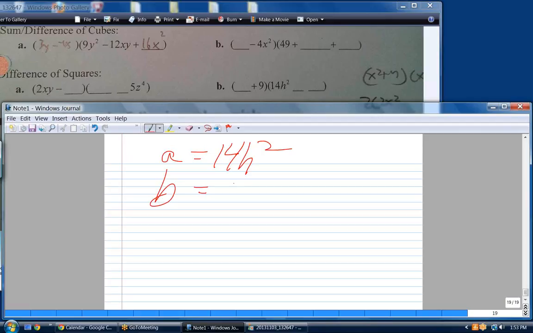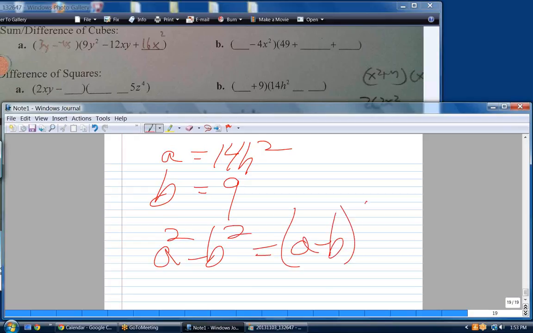B is 81, or 9. Remember, a squared minus b squared equals a minus b times a plus b. We are looking at the factored form. So this number right here is b. It's got a plus sign in front of it.